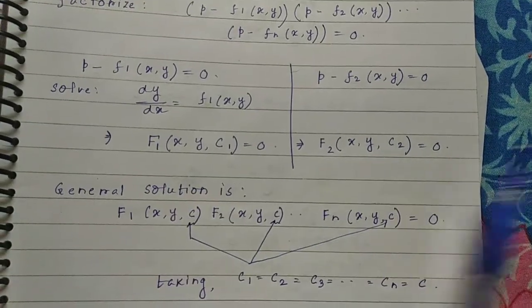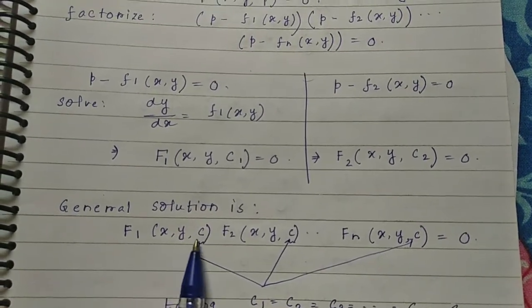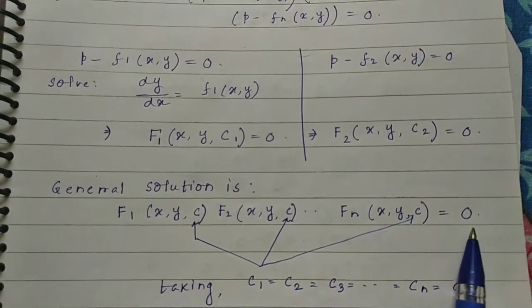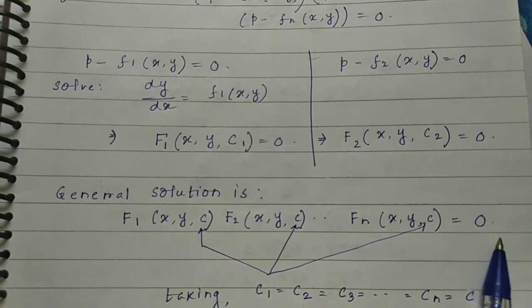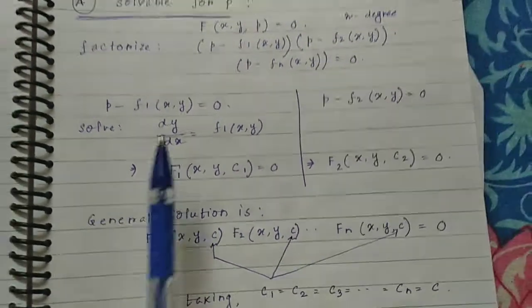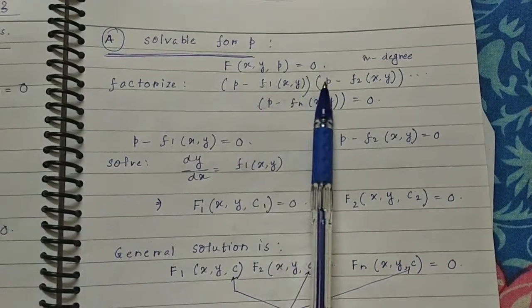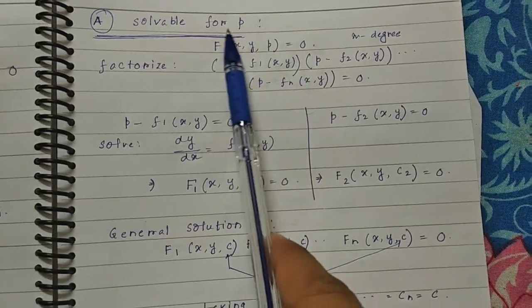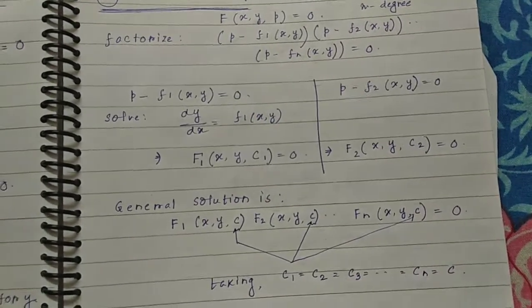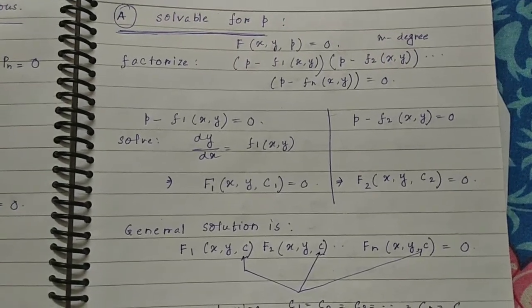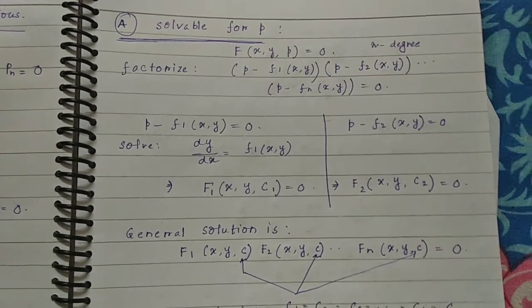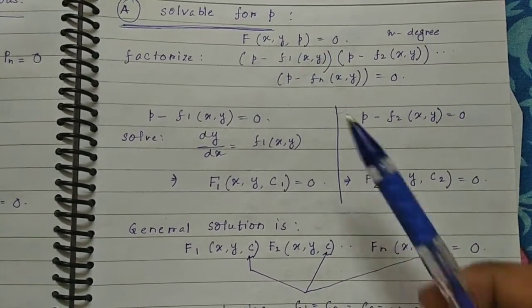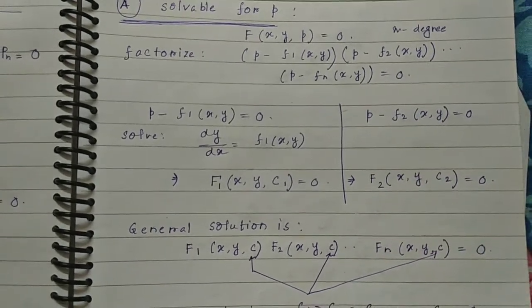We multiply these things and change all c1, c2 to the common c, and we come to the solution. This is the general solution of the given first order equation of higher degree. We say that such an equation is solvable for p, which means the given equation can be factored out into factors.